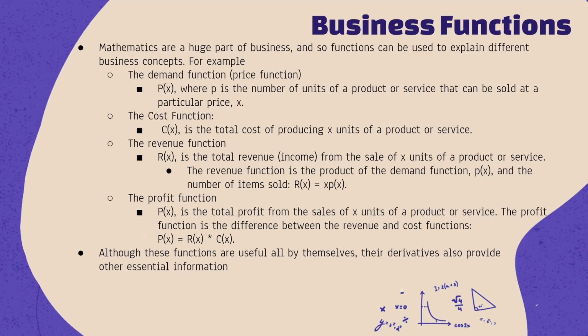Again, I'll give you a proper example on the next page. However, right now I just want to give you the basics. So when we're talking about the revenue function, all you need to remember is this equation here. The revenue is equal to the number of units you have times whatever you determined as your price. Your price could be calculated based on how much you want to charge, right?